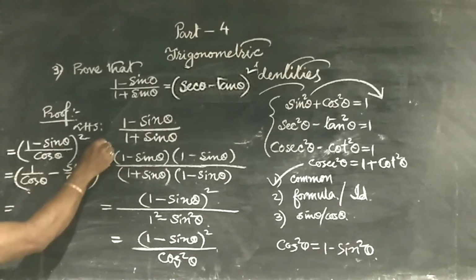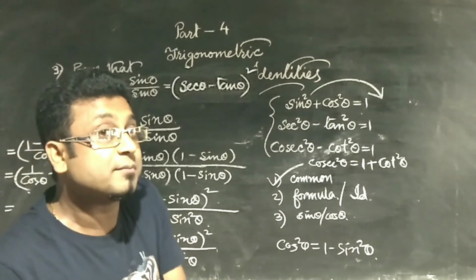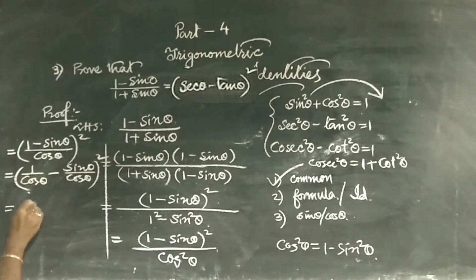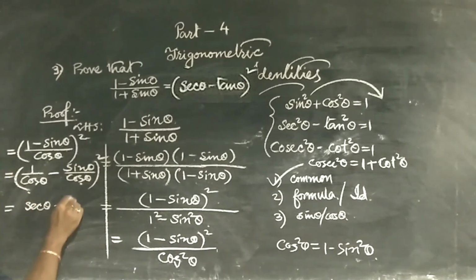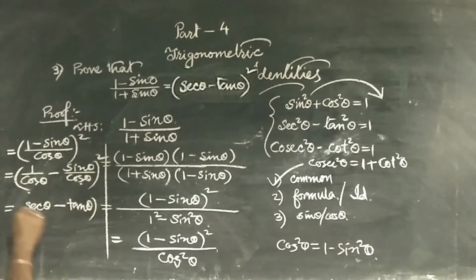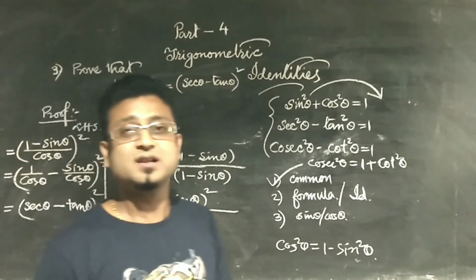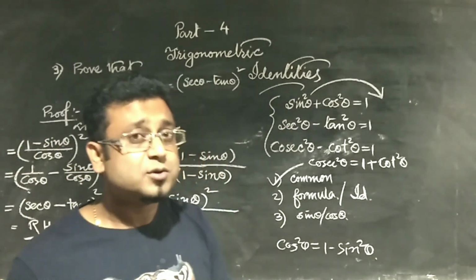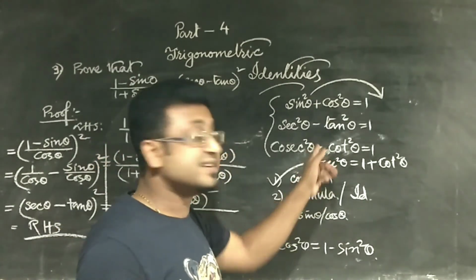So 1 by cos, from the first day's knowledge you know 1 by cos is sec. So this will be sec theta, and sin by cos is tan. So tan theta whole square. Just see, this is what is given in your question. So very simply you can do, provided your trigonometric ratios and identities are clear.